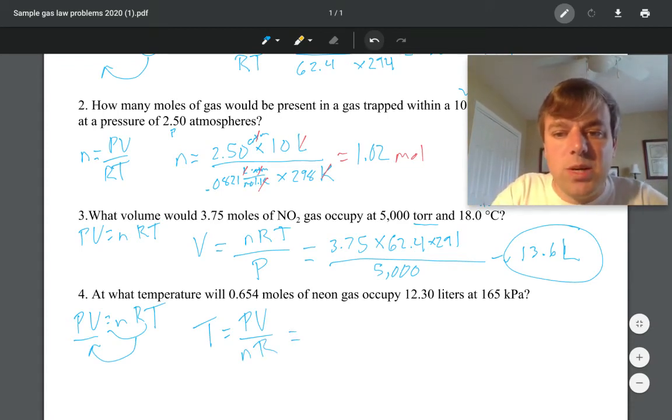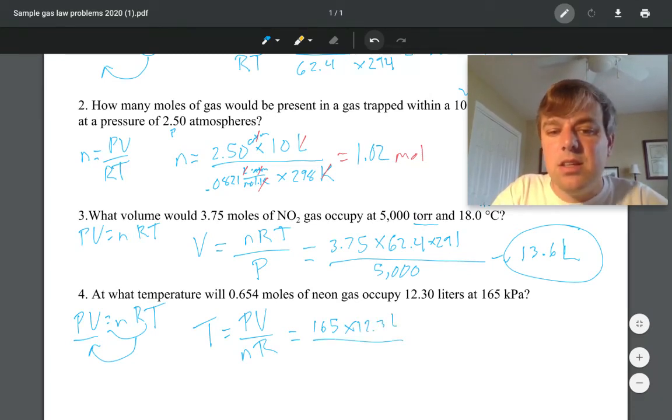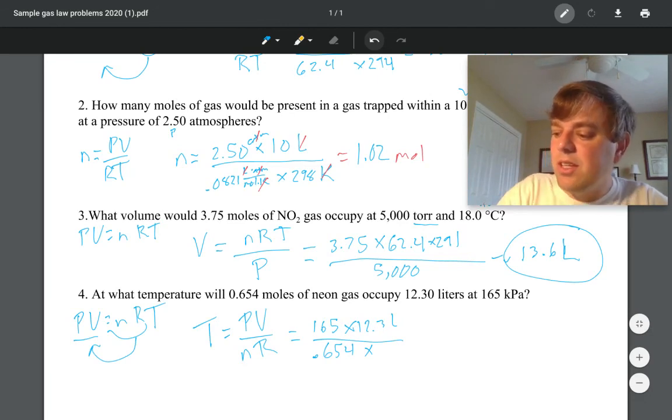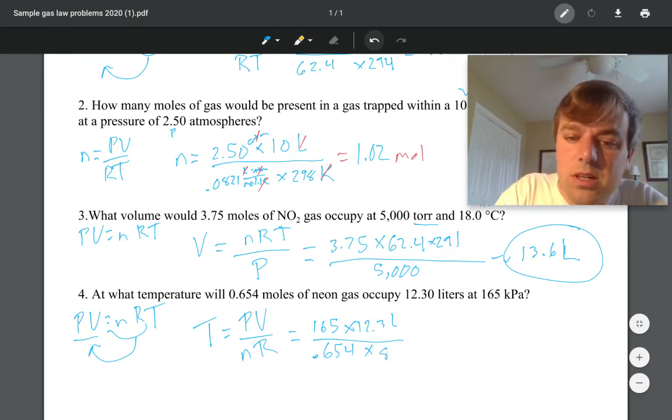So our pressure is 165 kilopascals. Our volume is 12.3 liters. Our moles are 0.654. And our gas constant in kilopascals is 8.314.